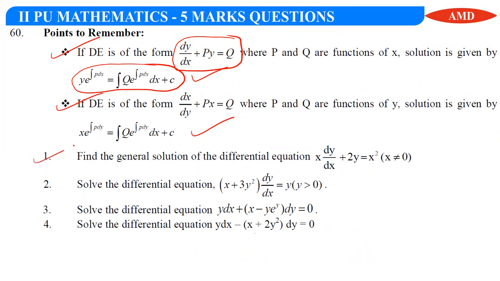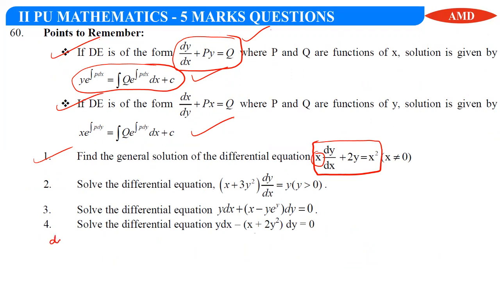So here I've given the first question, which is of the first type. Let me try to solve it. I don't have much space here. Still, let me try. So for the given equation, first make sure that it is in the required standard form. It doesn't look like it is. Therefore, I'm going to divide throughout by x.